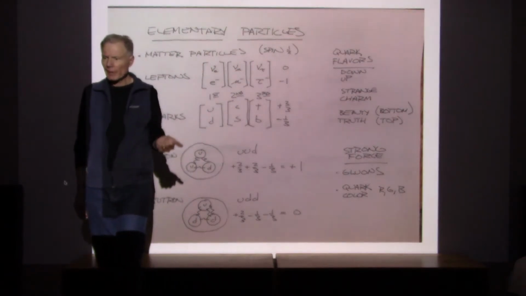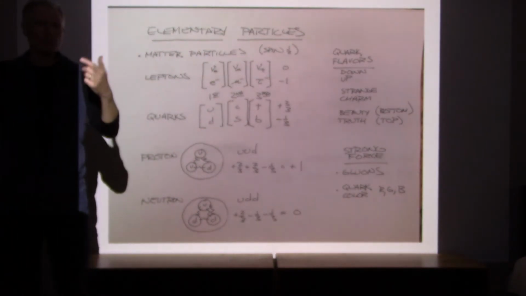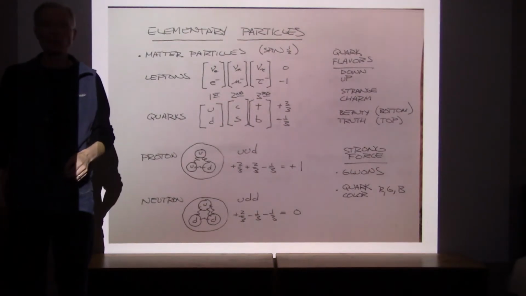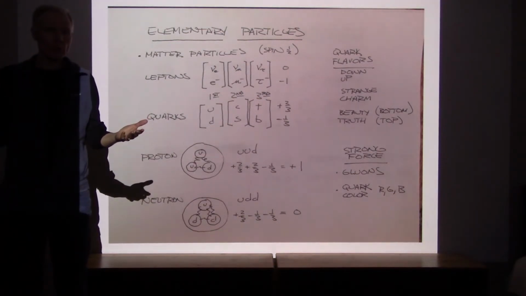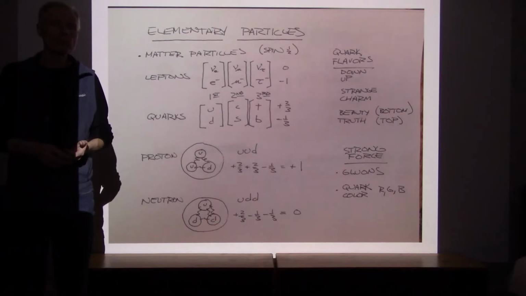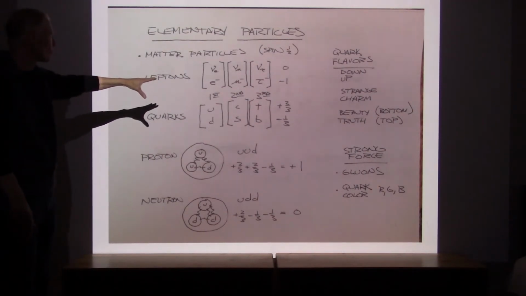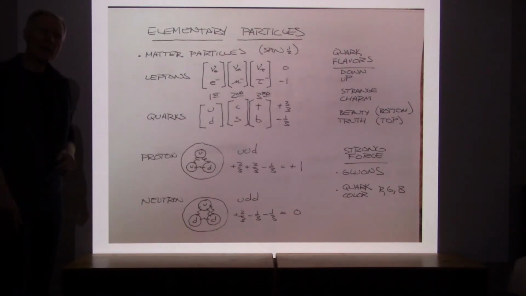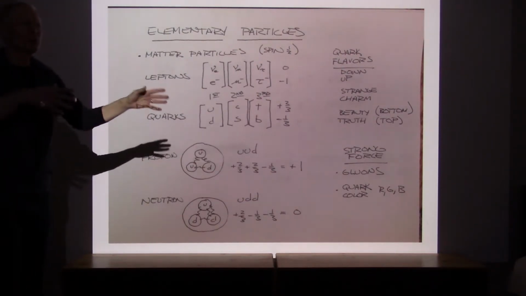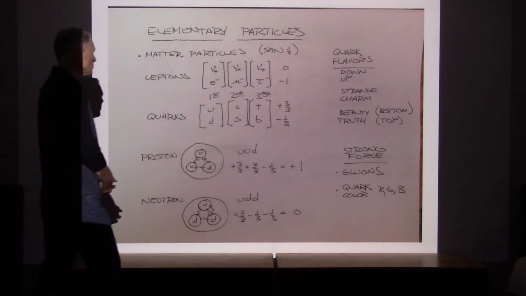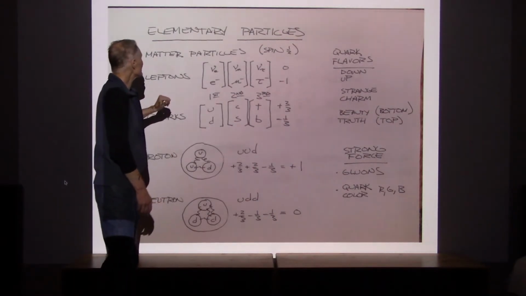We started by saying electrons can be spin up or spin down. Well, all of the matter particles can be spin up, spin one half, and spin down. All of the fundamental particles are these spin-half type particles. The protons and neutrons actually aren't fundamental, but let's take a look and see what we've got.